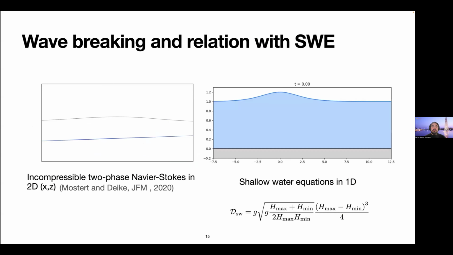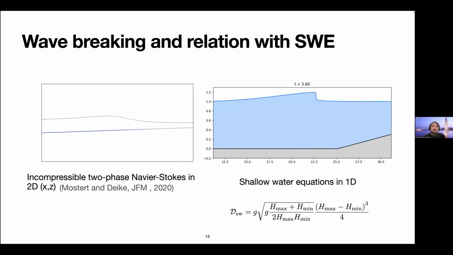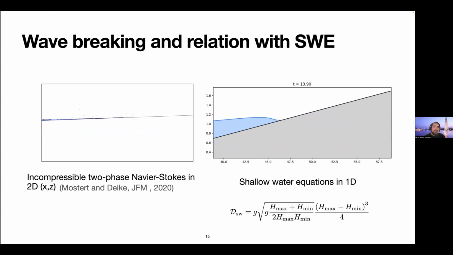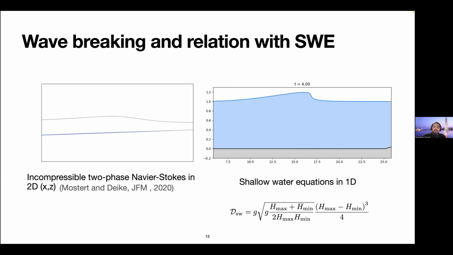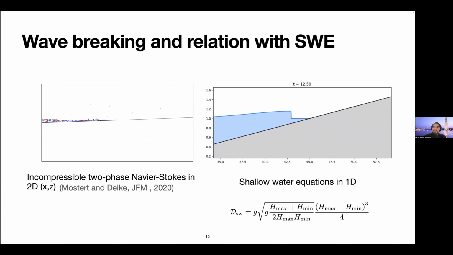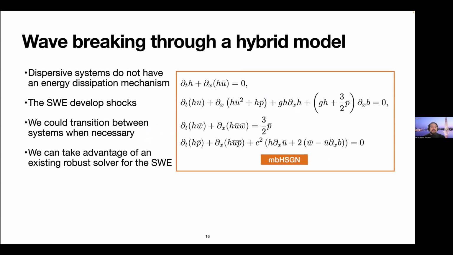Okay. Like SGN, these hyperbolic dispersive systems do not have any mechanism to dissipate energy, like turbulence or shocks, like in the shallow water equations. So we need to enforce this artificially. We do it in a similar fashion as Professor Berger mentioned, transitioning to the shallow water equations.